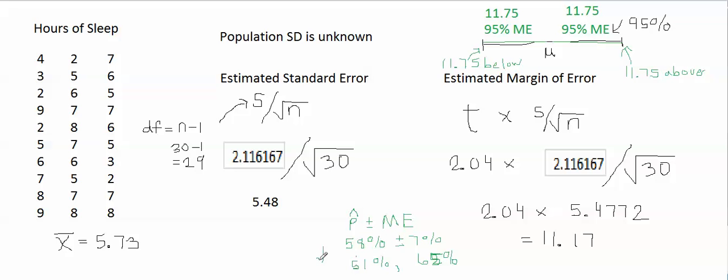So 50% isn't between the two numbers. In this case, I could confidently say that this candidate is ahead in the race, because the population percentage could easily be as low as 51%, and I don't expect it to be any lower than that, which means that I'm confident that the person is ahead.